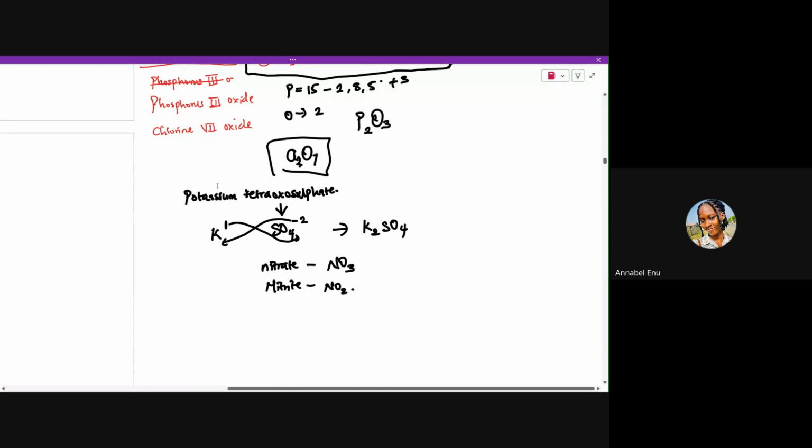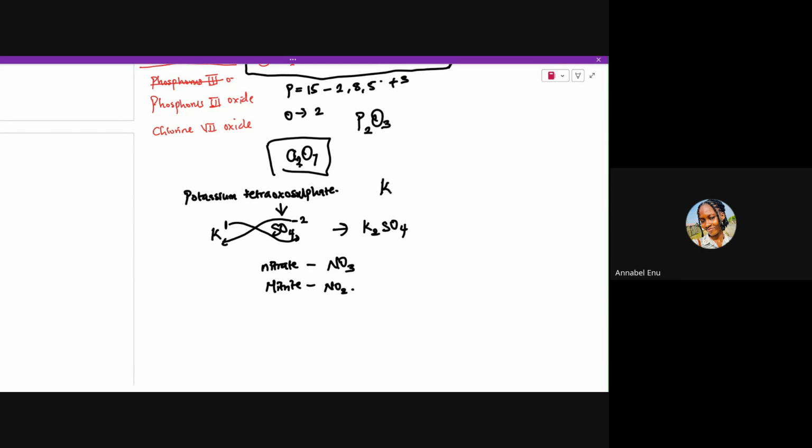Okay, so I was saying that tetraoxosulfate is SO4. That is the formula for it. It's something that you should just know. So when you are given a compound like potassium tetraoxosulfate and you are asked to write the formula, that is writing it in symbols, what you should do is to identify what and what is here.